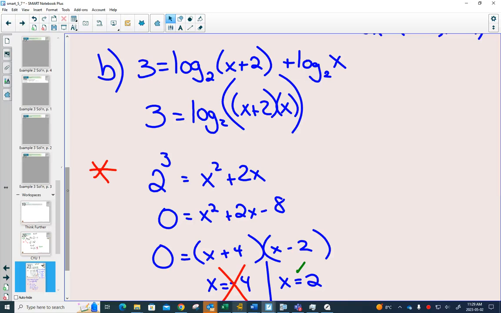And every single time we got a positive answer, we put a check mark. And what that leads students to sometimes do is go, oh, maybe there's a shortcut. Maybe every time it's negative, I should just put an X through it. And every time it's positive, I should check it off. The answer to that is no. You always, always, always, in order to find out if these work or not, have to plug them back into the original equation and check.